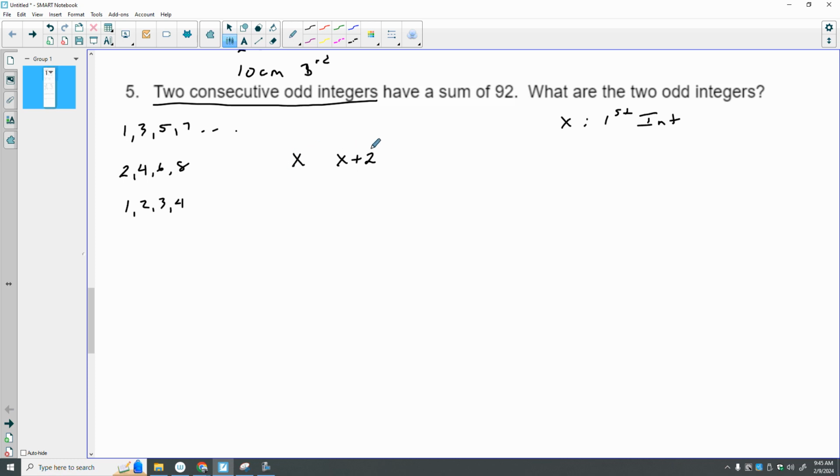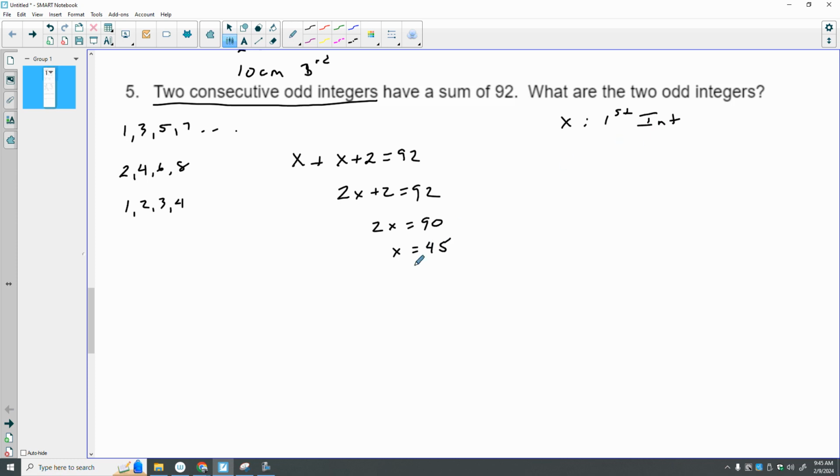There's my second integer. The sum is 92. And solve. 2x plus 2 equals 92. Subtract. 2x equals 90. Divide. And x is 45.